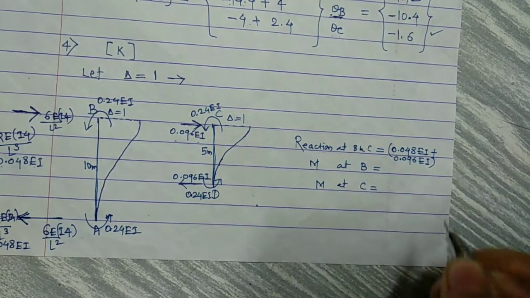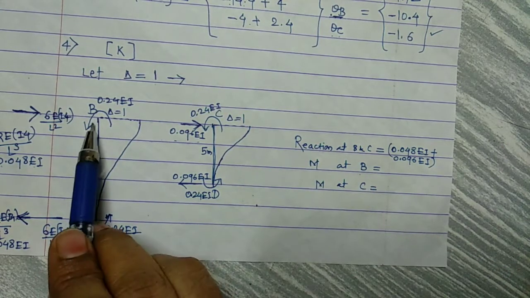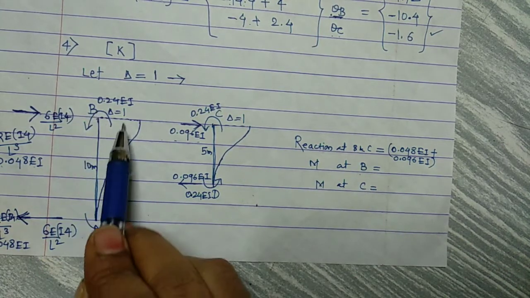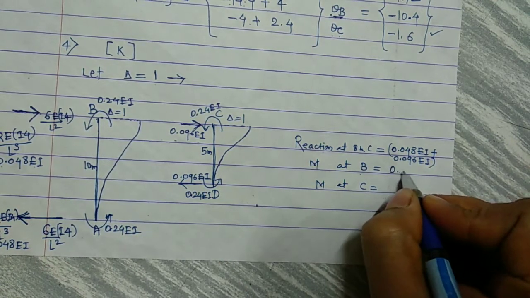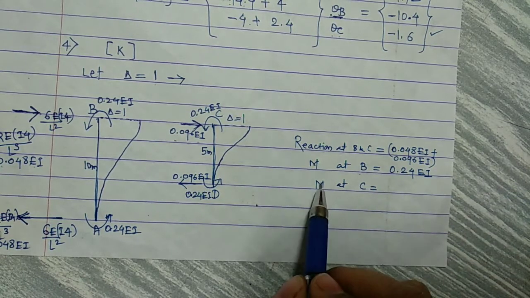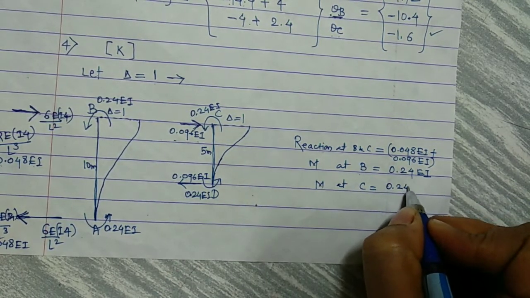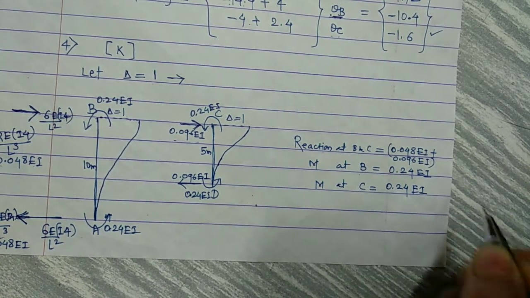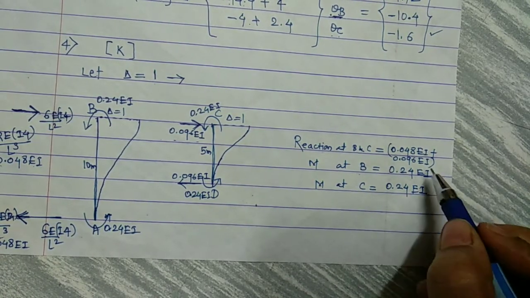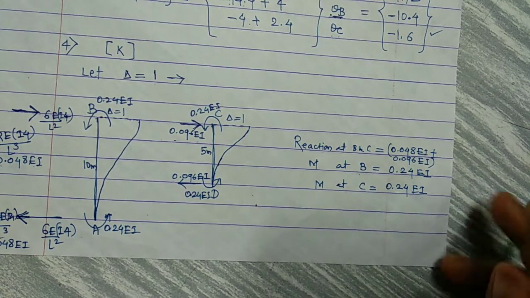Now the moment at B. At B this is the moment in the anti-clockwise direction, that is 0.24 EI. And the moment at C, this moment again is 0.24 EI in the positive direction. So these three values will appear as the first column in the K matrix.